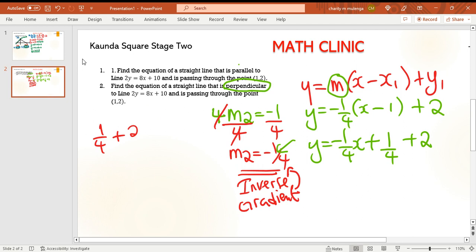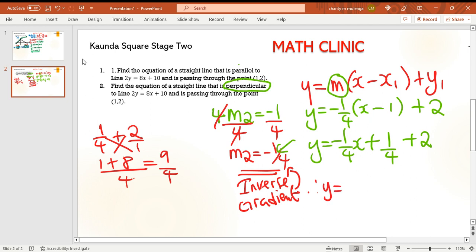So 1 over 4 plus 2. You introduce a 1 there, find your common denominator, in this case 4. Then you cross multiply. 1 times 1 is 1, plus 4 times 2 is 8. When you find the sum of that, it's giving us 9 over 4.